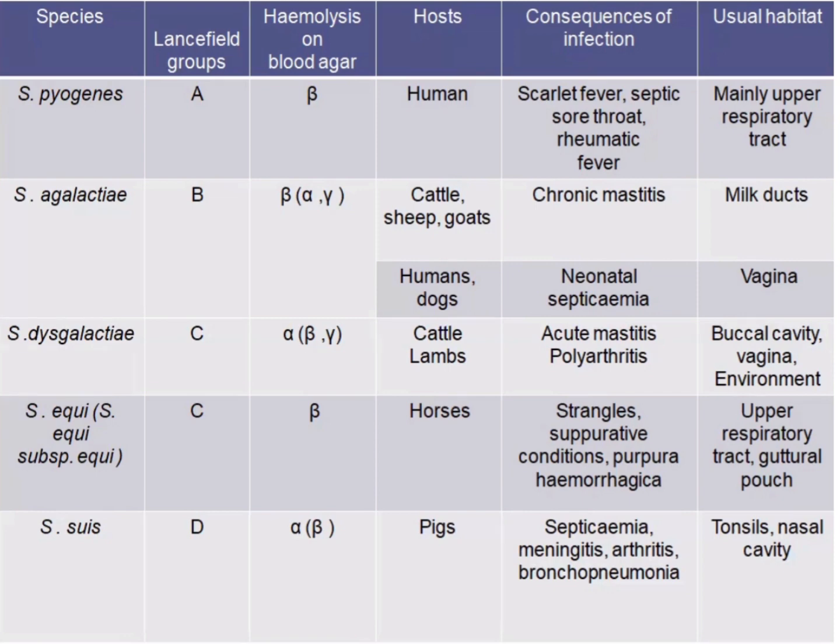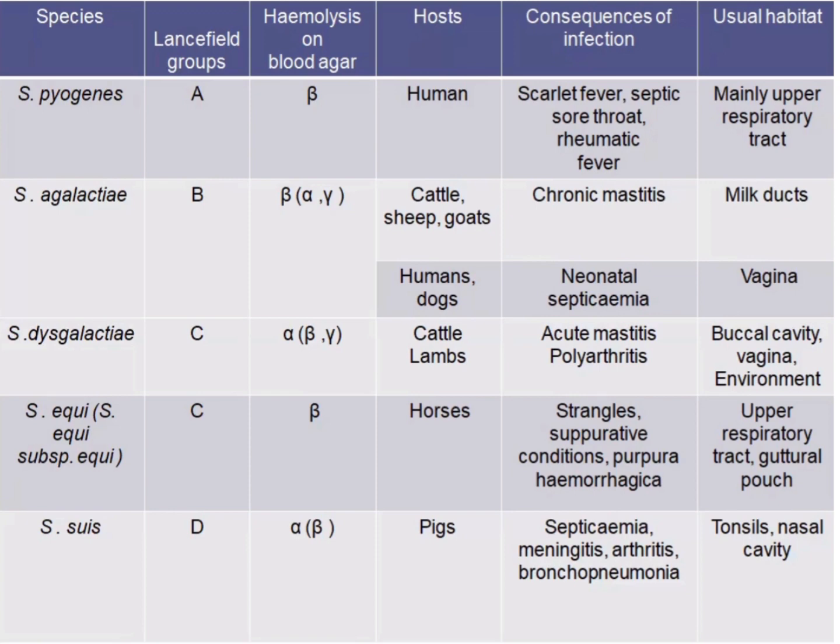Next species, that is Streptococcus dysgalactiae. The Lancefield group is C, and they produce hemolysis on the blood agar, that is commonly alpha hemolysis or incomplete hemolysis, and may also cause beta and gamma hemolysis. Hosts are cattle or lambs.